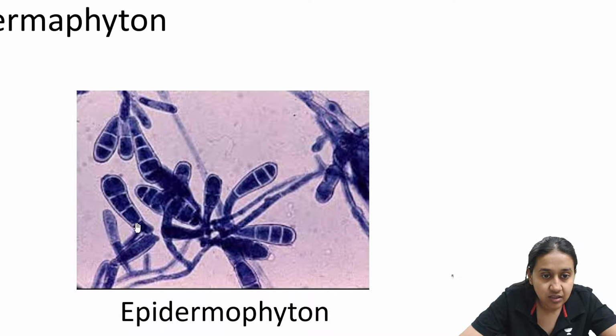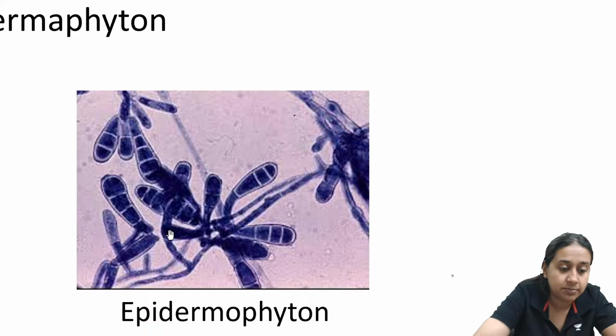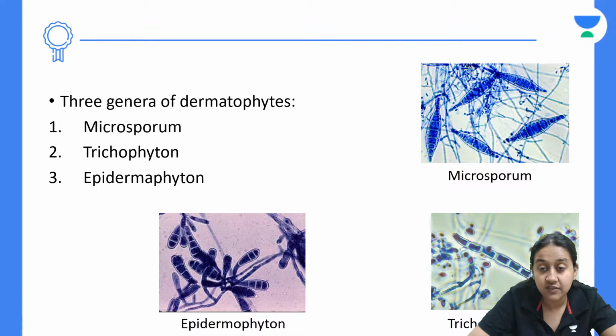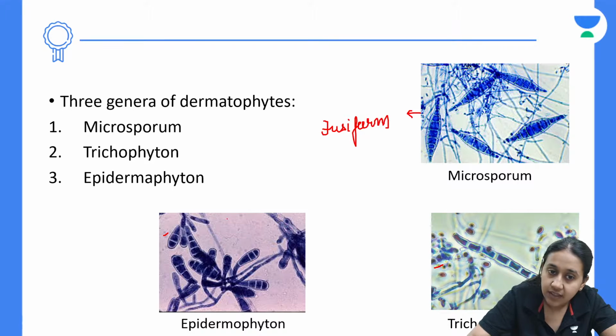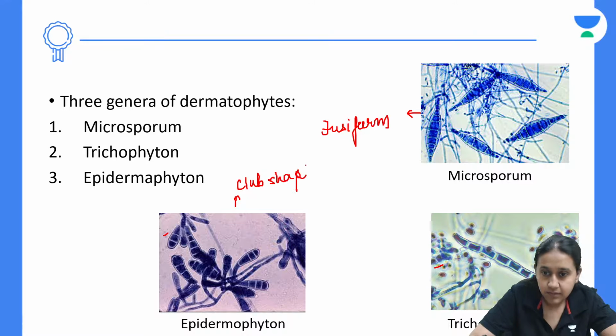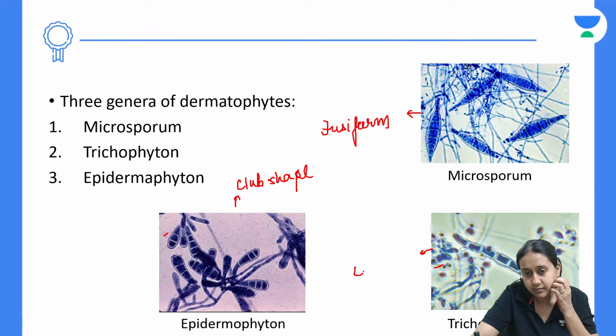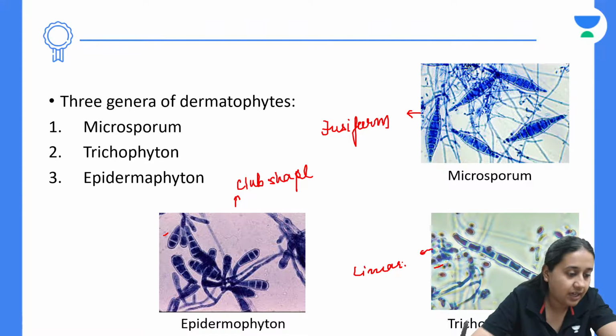And the macroconidia of Epidermophyton are club shaped. So these are the features which help us differentiate them on microscopy. This is fusiform, this is club shaped, and this is linear. Fusiform, club shaped and linear.